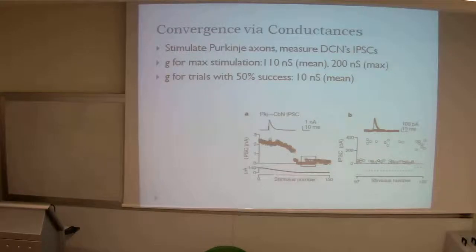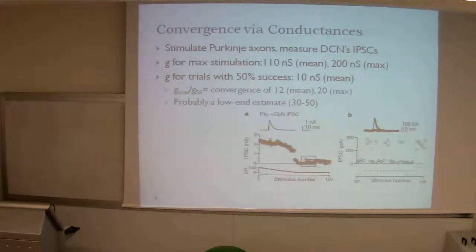So they find this ratio of the highest conductance, which is around 110 or 200 max, to 10 when there's an event or there isn't an event. So what they conclude from that is, you look at the ratio, that it's going to be around 10, 20 at its max. So what they say from that is that there must be 10 or 20 Purkinje cells synapsing onto this DCN cell.